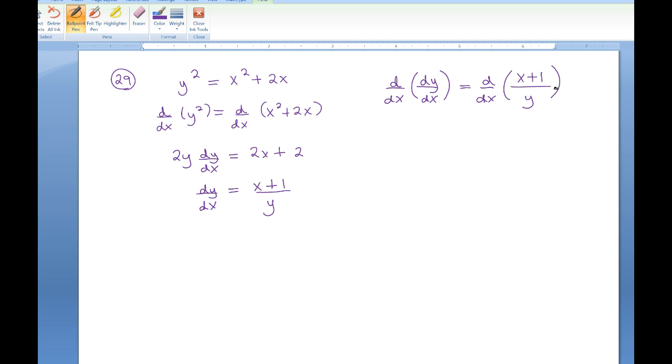Quotient rule would be the way I would go through this one, because they're simple terms. Not only that, but this ended up being a fraction within a fraction, so you just find common denominators and simplify. I think that's a little easier than having to factor, plug it in, and then simplify.